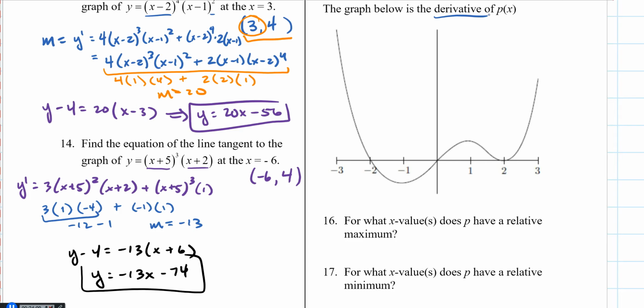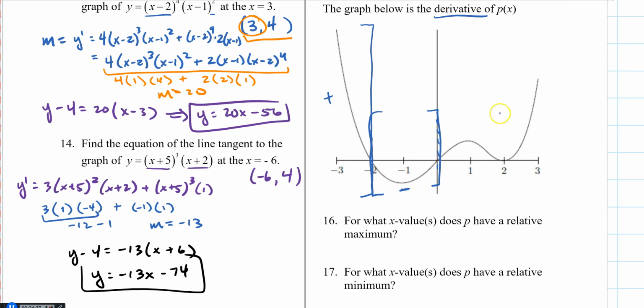So if we look, we have positive slopes on everything less than -2. These are all positive. And then between -2 and 0, we have negative slopes because we are below the x-axis.